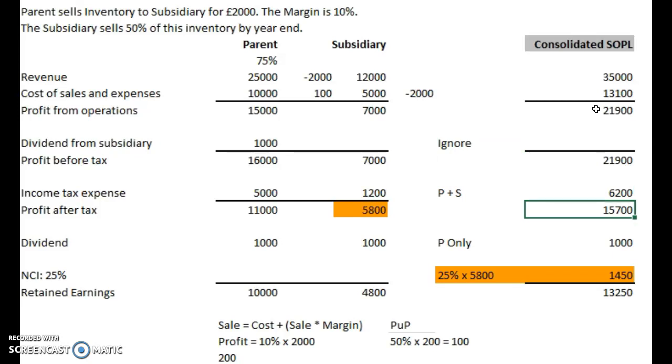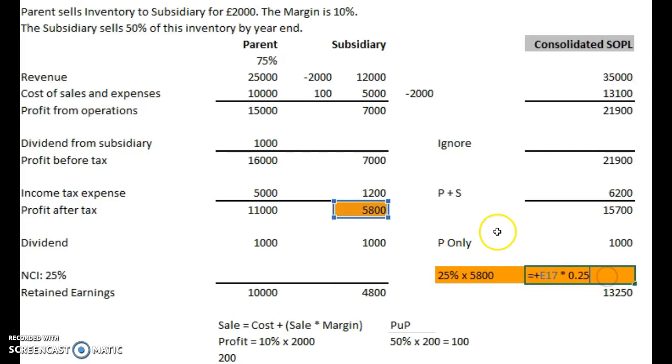The dividend in this instance is the parent only, because that's money going out of the group. So we've taken our profit after tax, paid our dividend, and then we've got our non-controlling interest, which wants 25% of the subsidiary, which it's the 25% owner of.